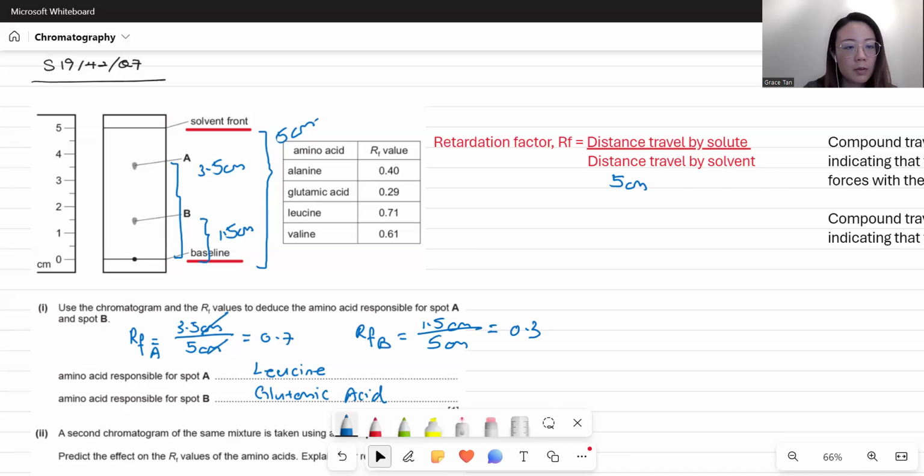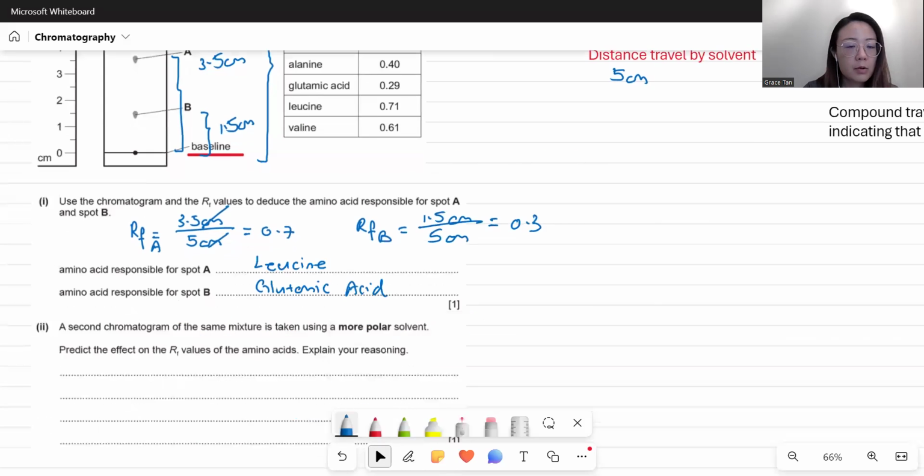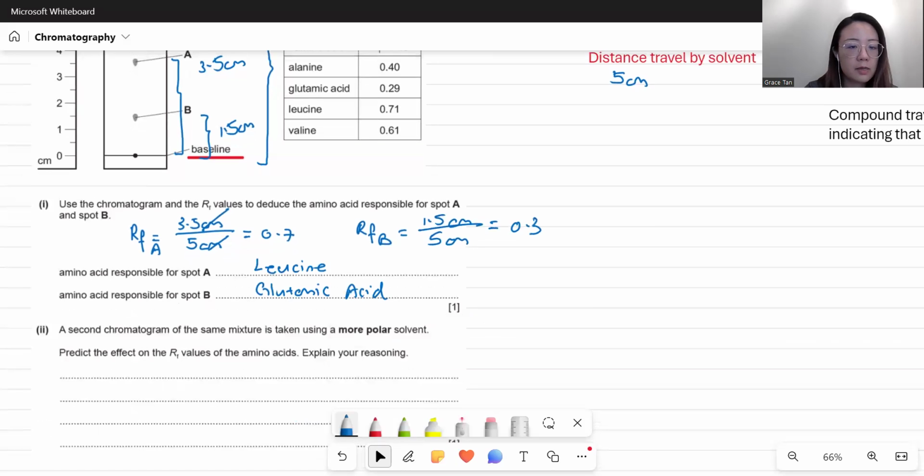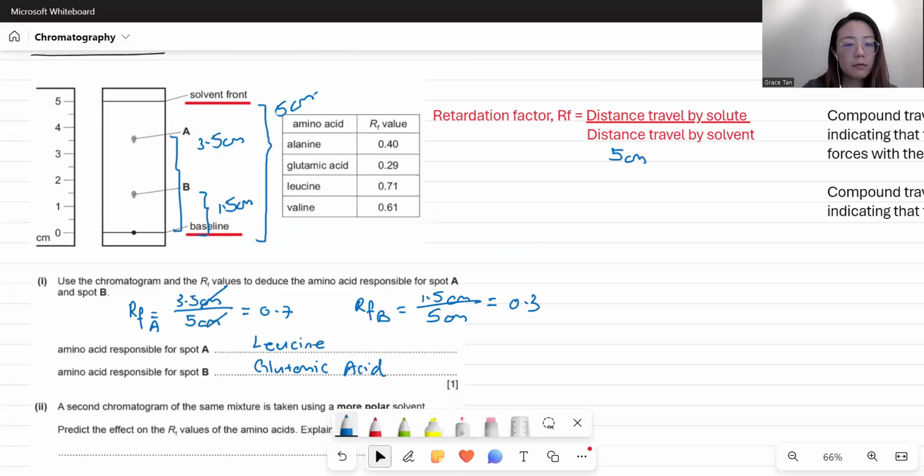Okay, now part 2. A second chromatogram of the same mixture is taken using a more polar solvent. Predict the effect on the RF values of the amino acids and explain your reason. First, we need to understand why spot A moved a longer distance, which is 3.5 centimeter, and why spot B moved a shorter distance.